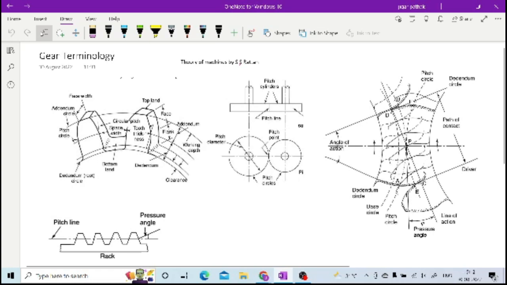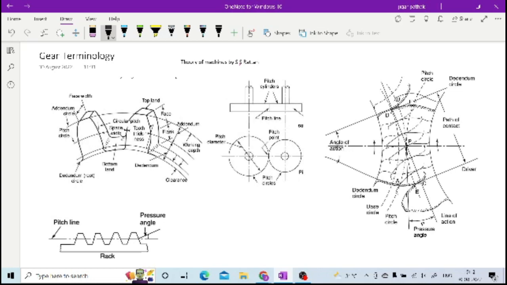You can see here every time the pitch circles of the mating gears are in contact with each other. Then space width and tooth thickness are all measured along the pitch circle.